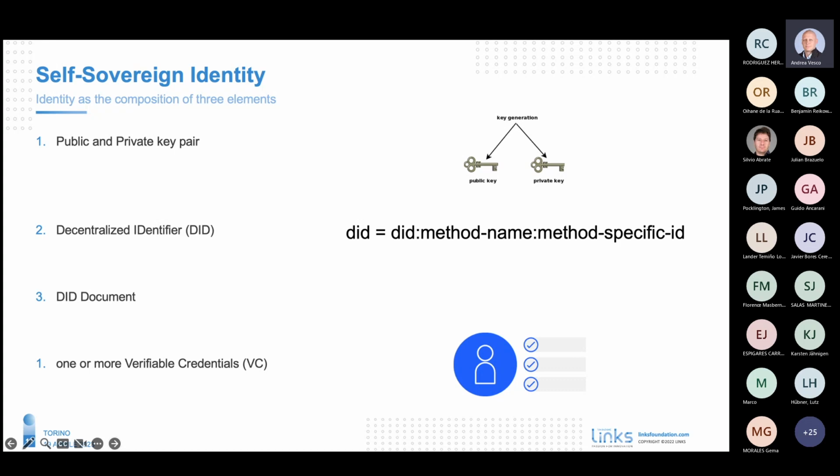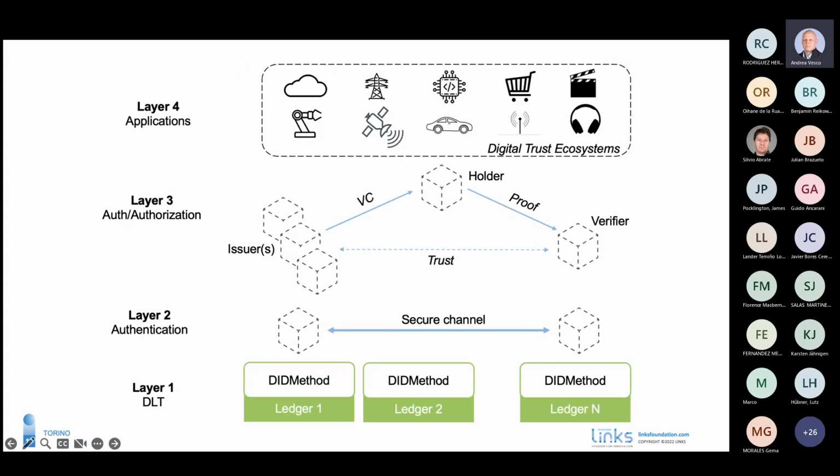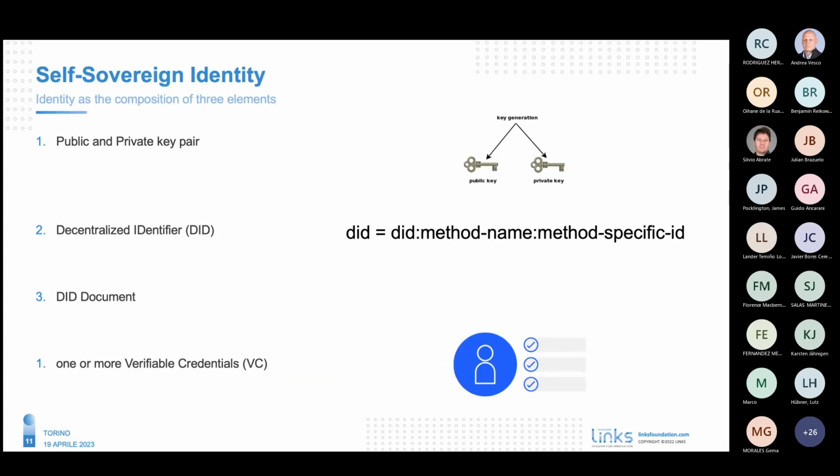Decentralized identifiers are URIs, as you can see here, that represent a new way to identify a subject. What is this kind of URI? The form is this one, in which there is DID, then the name of the DID method that I'm going to use to interact with a specific ledger, and then a method-specific ID.